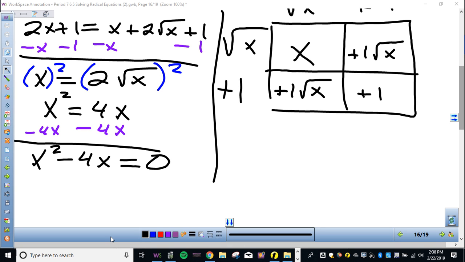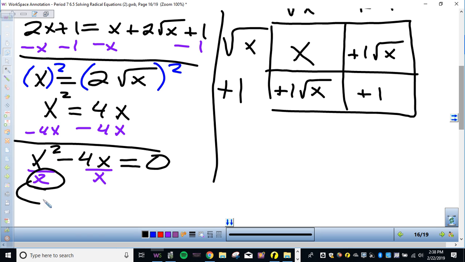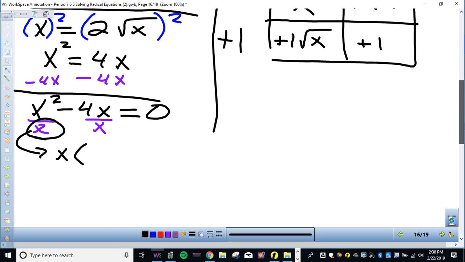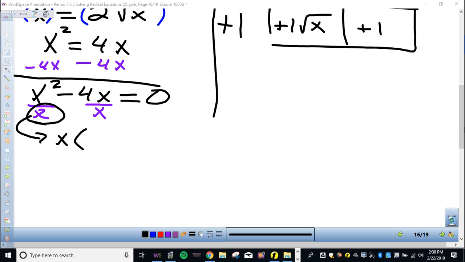What does that x squared minus 4x factor to? It has the greatest common factor. X parenthesis what? Right, my GCF here is x. When I divide that x out, that goes in front of the parentheses. And then what I have left is just x minus 4.